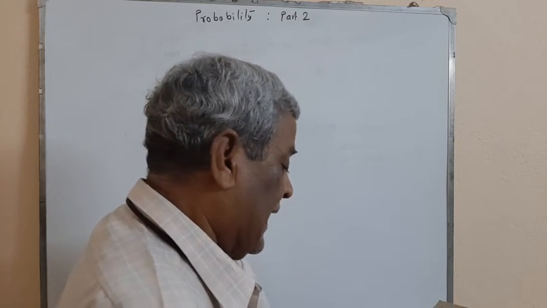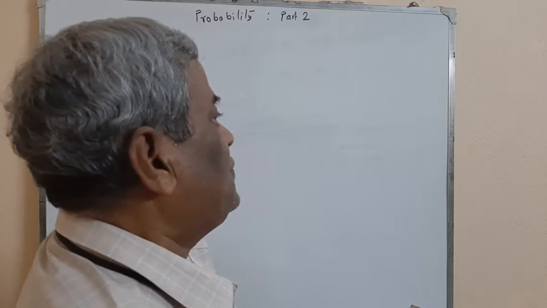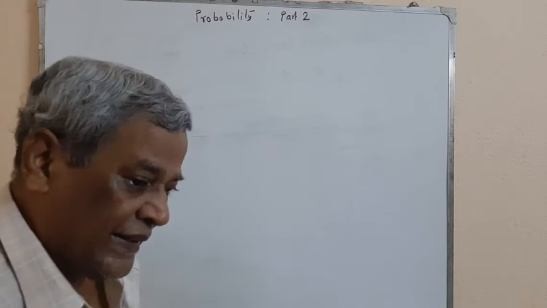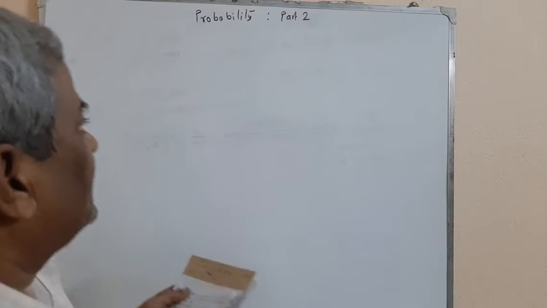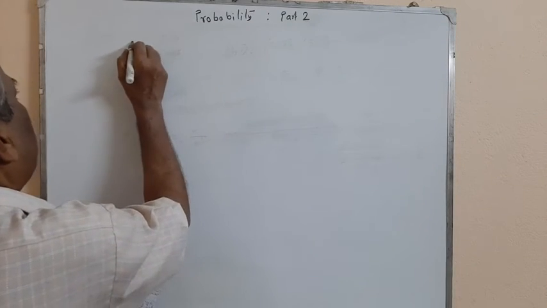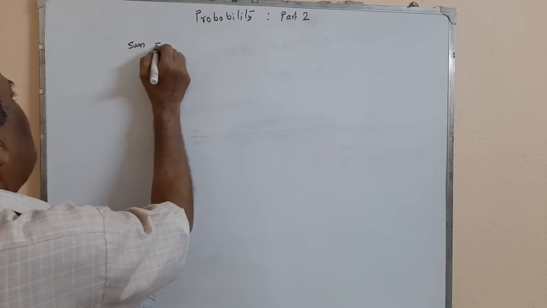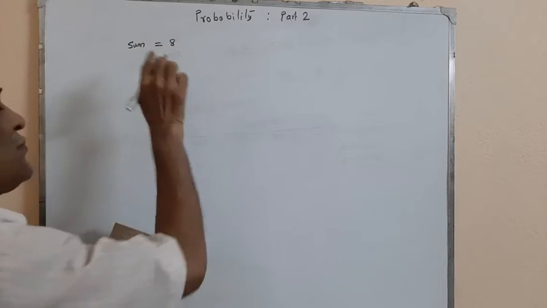The probability that sum of the faces is 8. Two dice are thrown together, sum of the faces is 8. We have to find its probability.